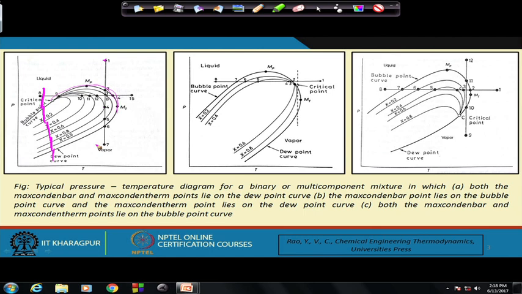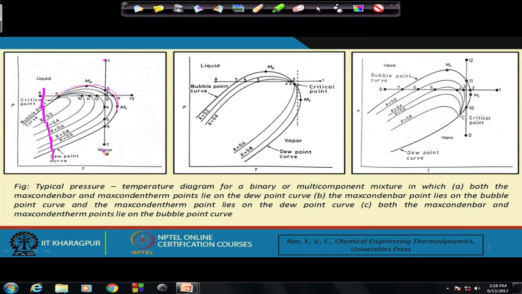So, we find that for conditions where the constant temperature line crosses the dew point curve not once but twice and never touches the bubble point curve, if we expand the vapor phase, we do result in a liquid phase, but at the end we again land up in the vapor phase.